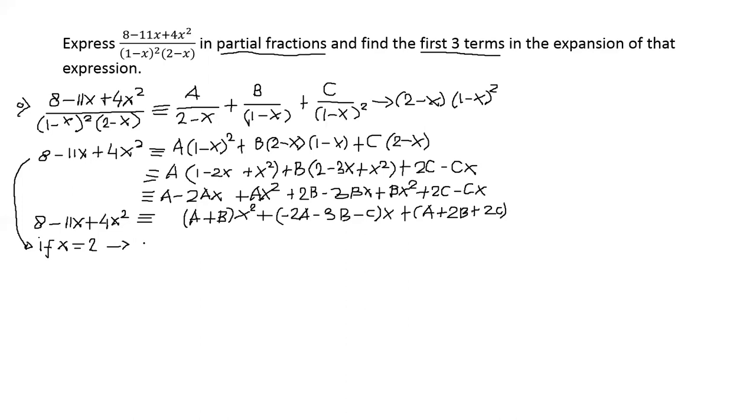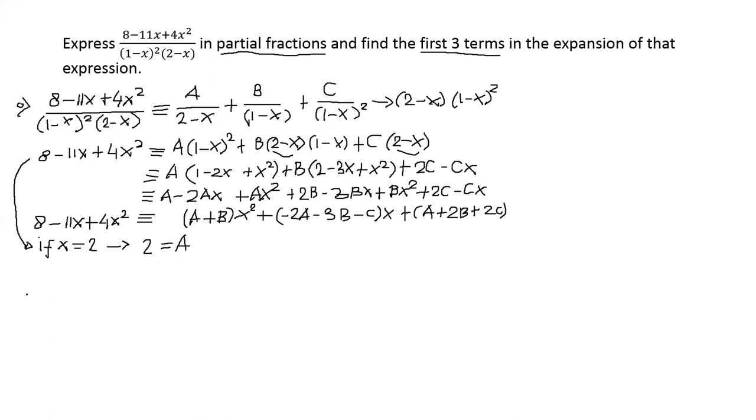It becomes 2 here. And if x equals 2, these terms become 0. So 1 minus 2, negative 1 squared, 1 times a, of course a. So a equals 2.